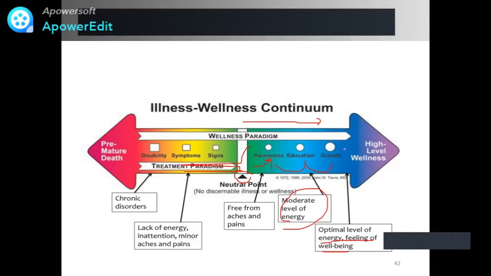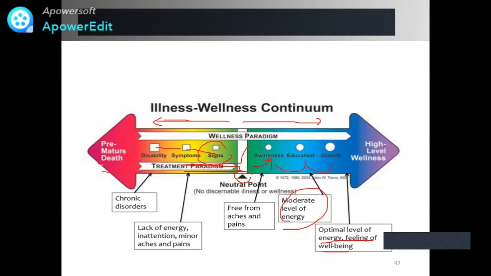What is the behavior of the negative side? When leading to the negative side of health, first the individual presents different signs, then symptoms, then disability. At the serious level, the individual dies.